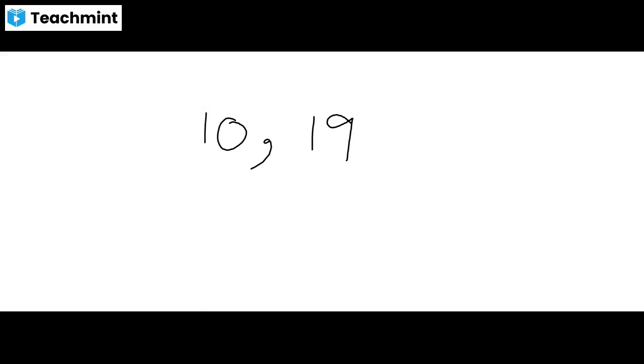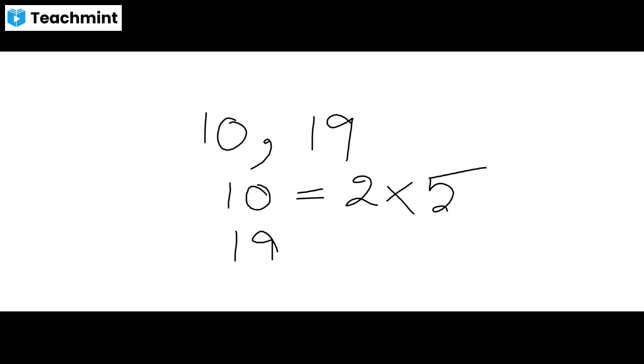How can you factorize 10? 2 into 5. How can you factorize 19? Actually, 19 cannot be factorized. It remains 1 into 19 or simply 19.